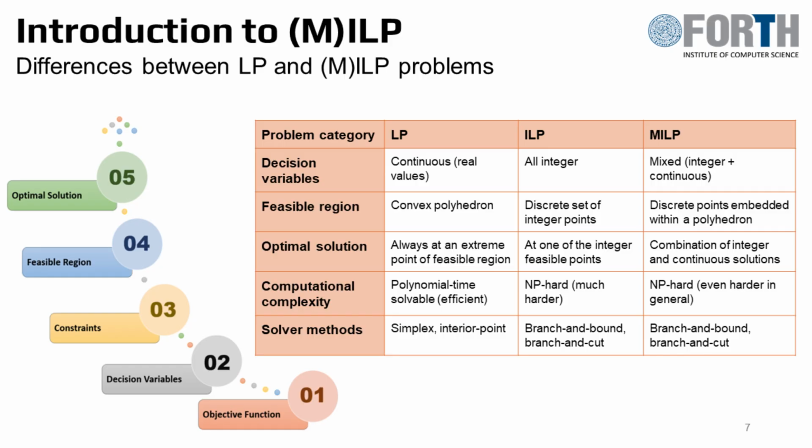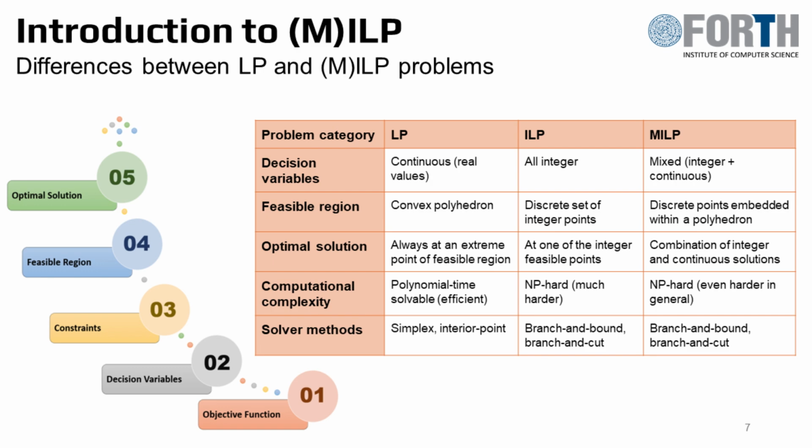Before analyzing the differences, it is useful to recall the general process for addressing an optimization problem. We begin with a real-world decision challenge and translate it into a mathematical model. This involves specifying the objective function, defining the decision variables, and writing the constraints. Together, these elements define the feasible region of the problem.